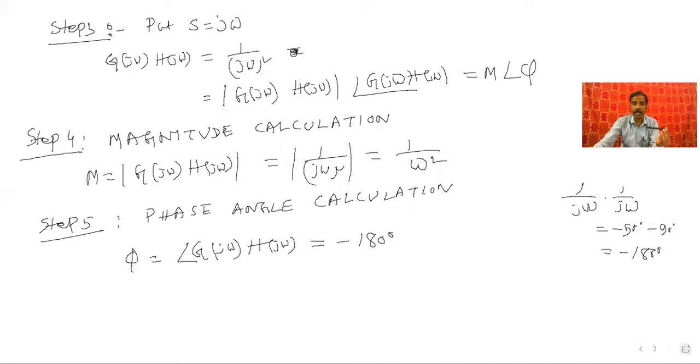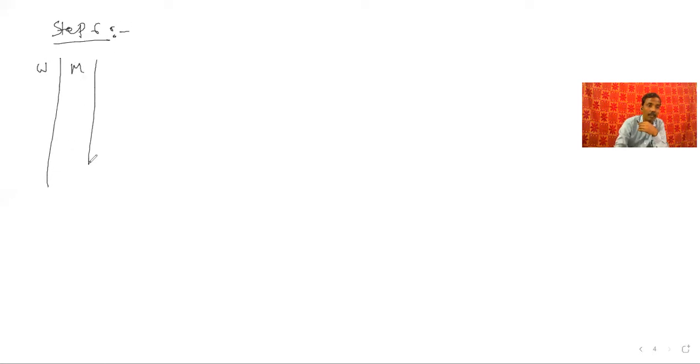Then step number 6, omega, M and phi. What is the first value? Omega equals 0 and second value infinity. And M equals 1 by omega square, phi equals minus 180 degree.